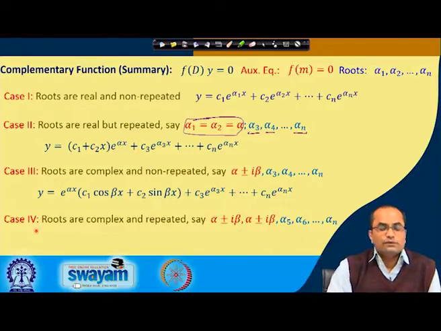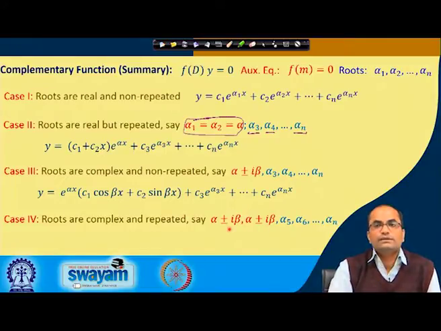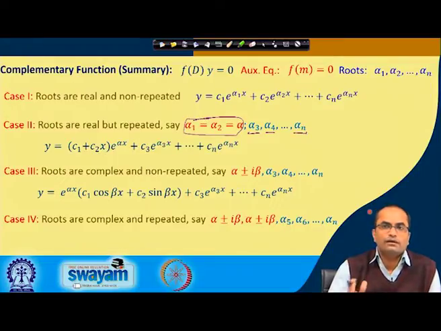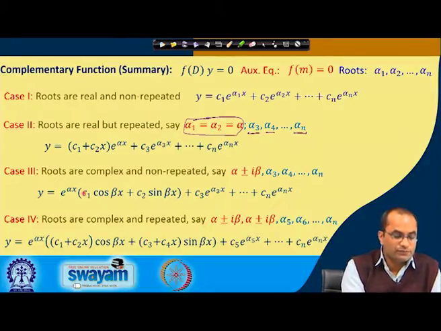Case 4, when the roots are complex and they are repeated. In that case let us say the roots are alpha plus minus i beta, and again this is repeated as alpha plus minus i beta. So, these are the 4 roots here, and then the 5th root alpha 5, alpha 6 and so on up to alpha n are the real non repeated roots. For this case we have to write down the expression in terms of the linear terms with c 1 and c 2.